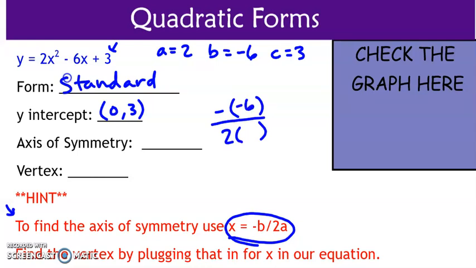B is already negative, so that's going to become a positive 6 over 4. If I simplify that, I get 3 over 2, or 1.5. Our vertex needs that same x value, 3 over 2, or 1.5.